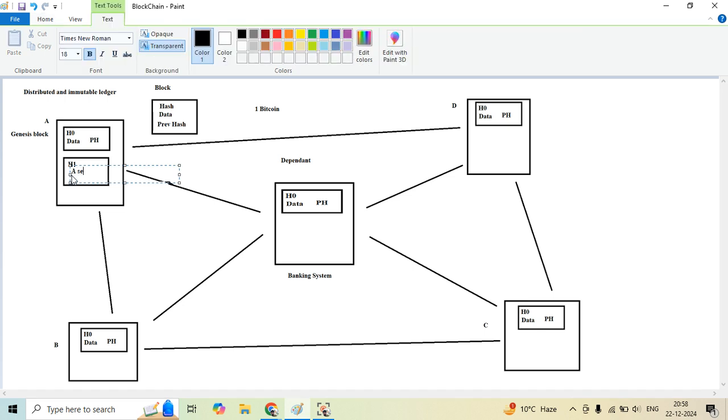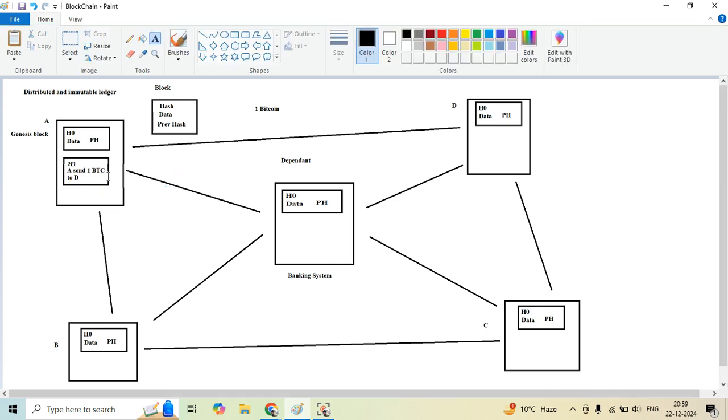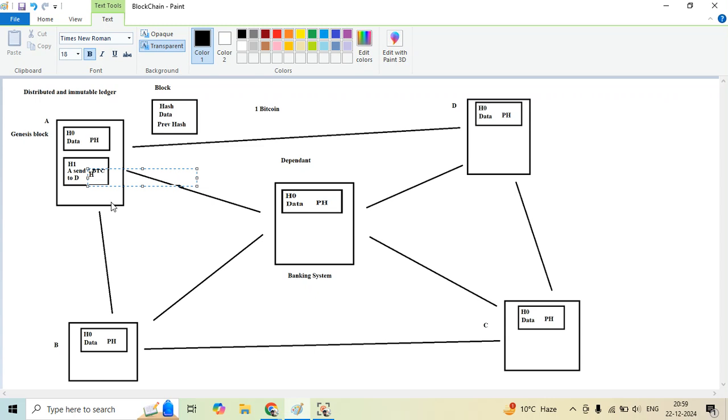A sent 1 Bitcoin to D. And what will be the previous hash function? The previous hash function will be h0.